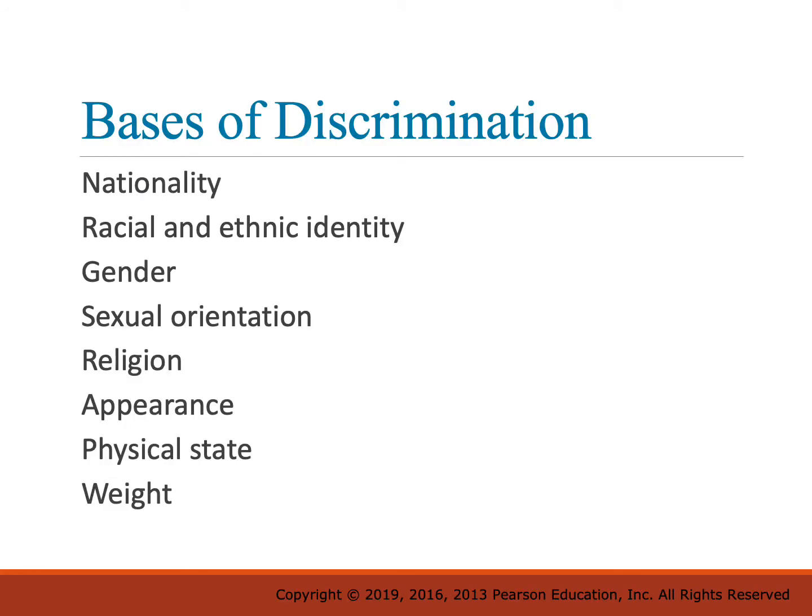So we are all victims or potential victims of prejudice for no other reason than our membership in an identifiable group. It can be on the basis of ethnicity, nationality, skin color, religion, gender, age, sexual orientation, body size or disability, appearance, physical state, walking with a limp. That alone can be a basis of discrimination.